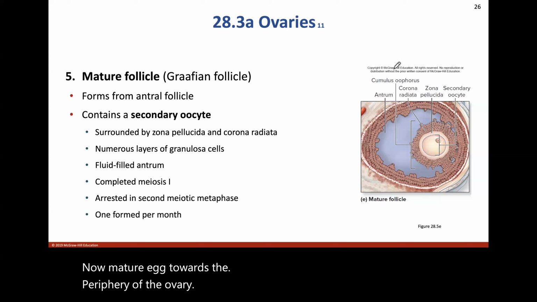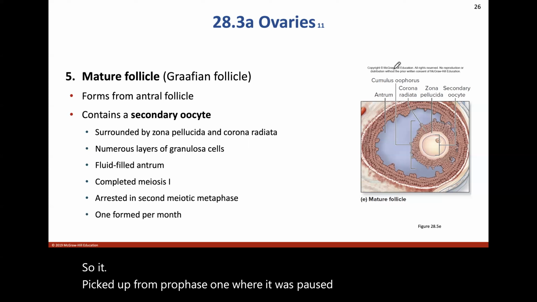And just before this thing gets spit out during ovulation, again, it's been developing. So it picked up from prophase 1 where it was paused and stopped during in utero development.